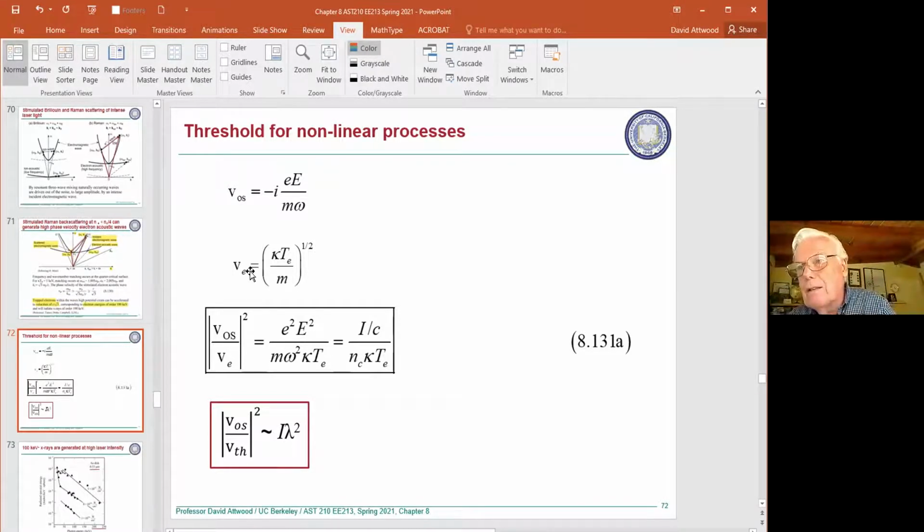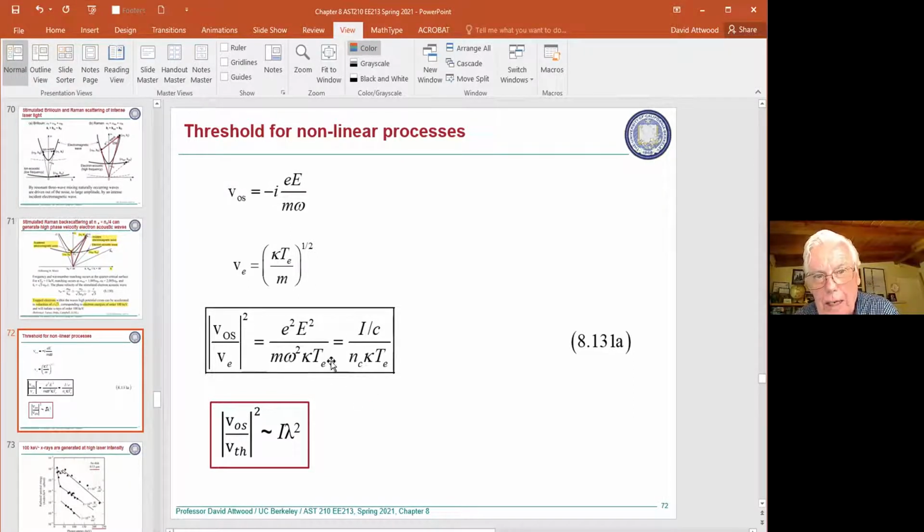So that would be down around 10 to the 13th or 10 to the 14th watts per centimeter squared. The electric fields would give this number, this nonlinear index, V os over V thermal squared, and you just put these parameters in and then replace the E squared with an intensity over the speed of light, and the omega squared brings you a critical electron density, and you have the kappa T, and that's what this looks like.